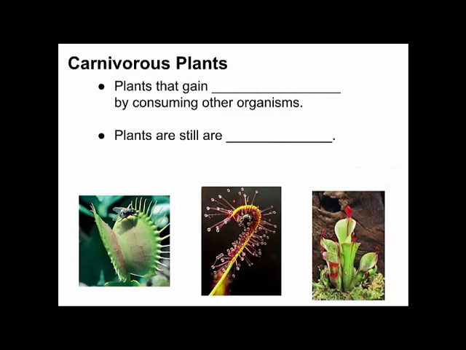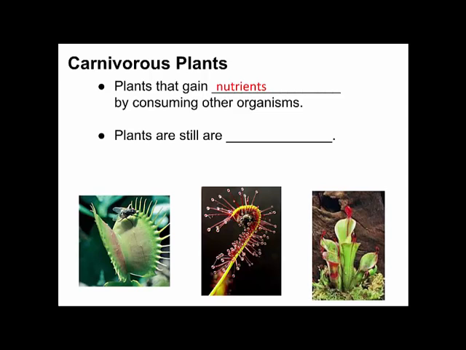We know that some plants are carnivorous. They consume insects, but they're still actually considered autotrophs. They still make their own food using sunlight. So why are they consuming insects? They are not getting energy from the insects.